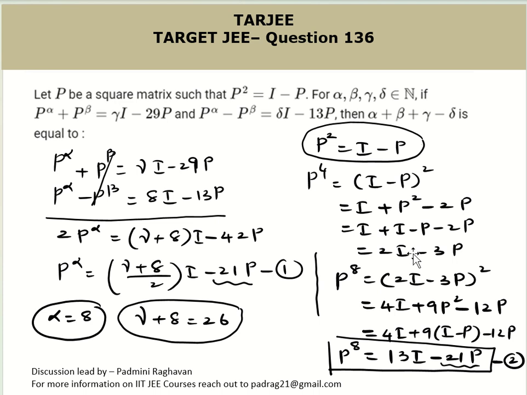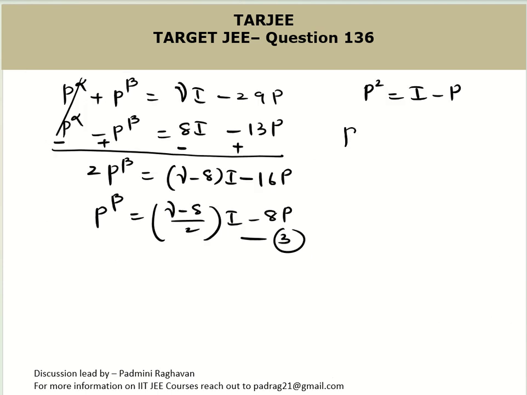So let us take P power 4 and P square and try multiplying them. We know P power 4 is equal to 2I minus 3P. So let me find out P power 6. P power 4 is 2I minus 3P and P square is I minus P, so P power 4 into P square gives P power 6.